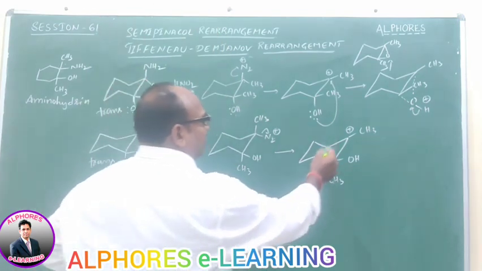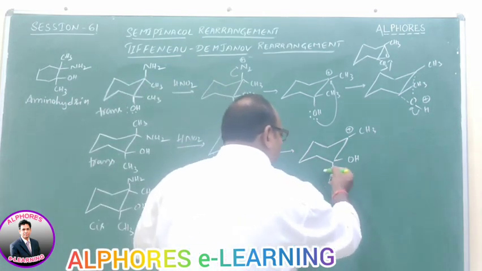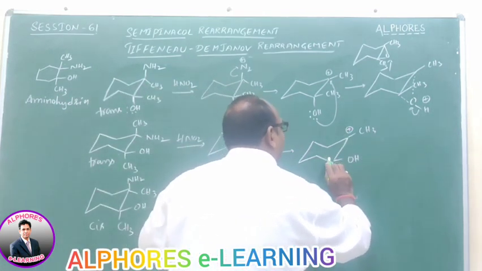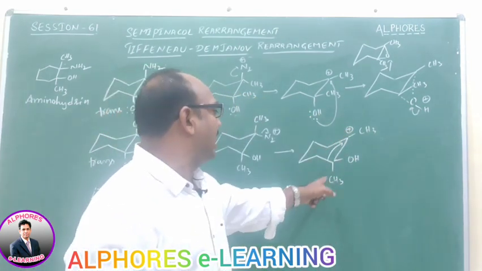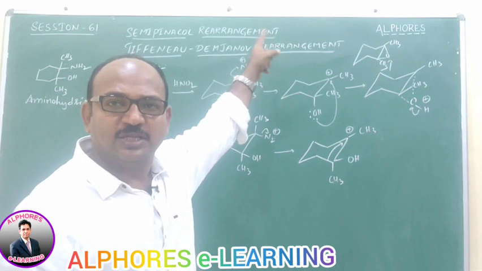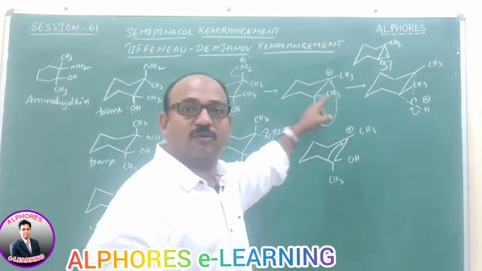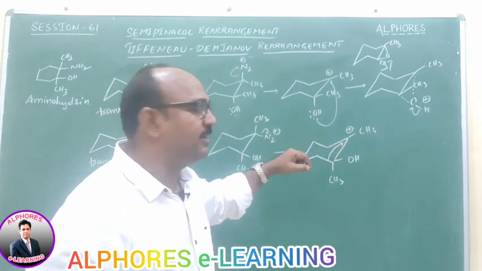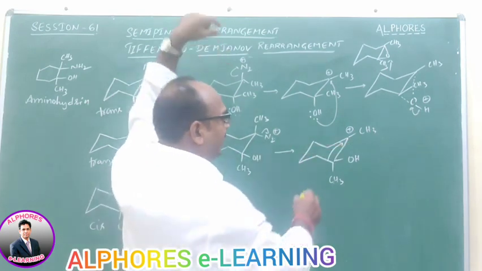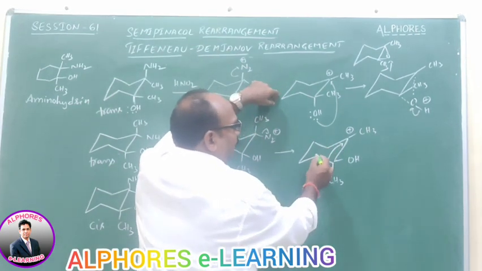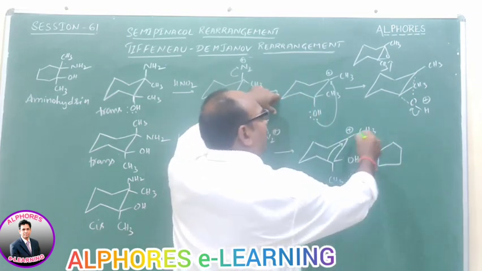Here, after formation of the carbocation, there are two possibilities: either the methyl group has to migrate or the methylene group has to migrate. This case we already discussed. Here methyl migration is quite difficult. Hence the C-C sigma bond electron pair will shift, and we get 1, 2, 3, 4, 5, the formation of a 5-membered ring.